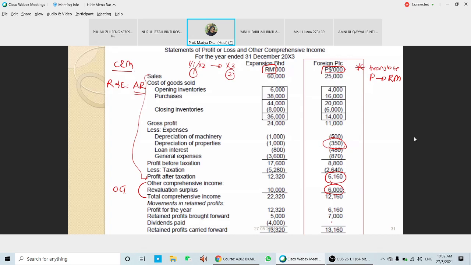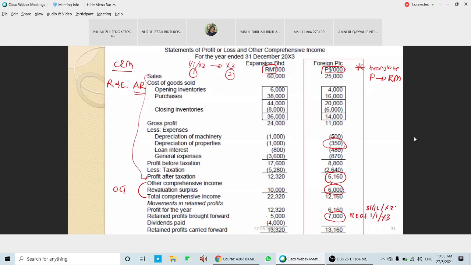Look at the RE brought forward here. The RE brought forward is the RE at 1st of January X3, which means this is the ending RE on 31st December X2.